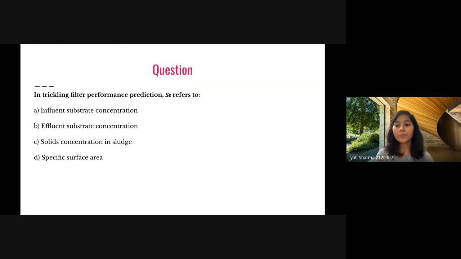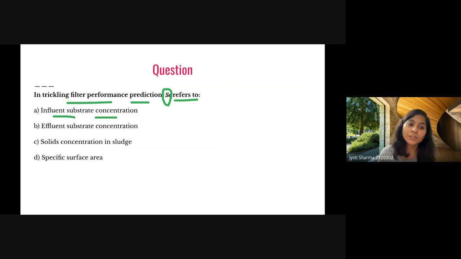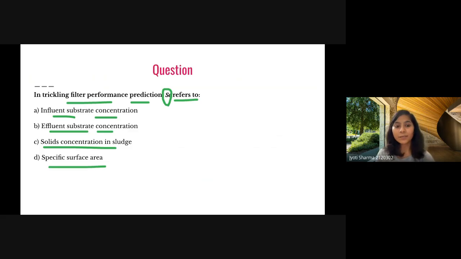Okay, because we are talking about the technical things of the treatment processes, we have one SE in trickling filter performance prediction, and what does that SE refer to? We have influent substrate concentration, effluent substrate concentration, solids concentration in sludge, specific surface area.